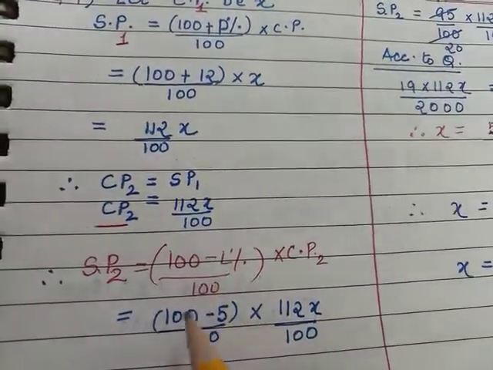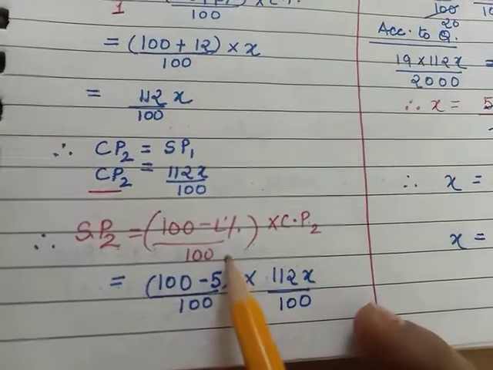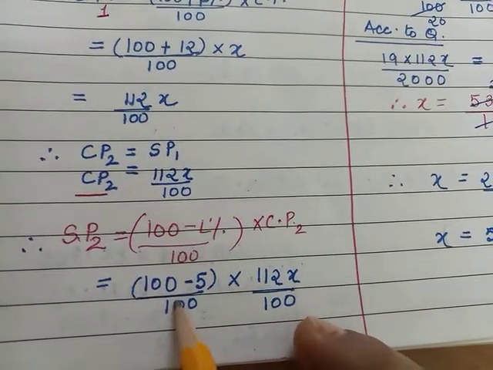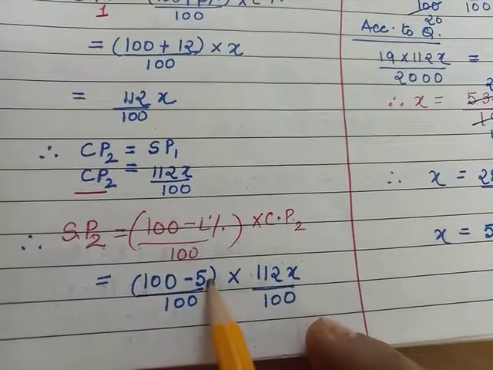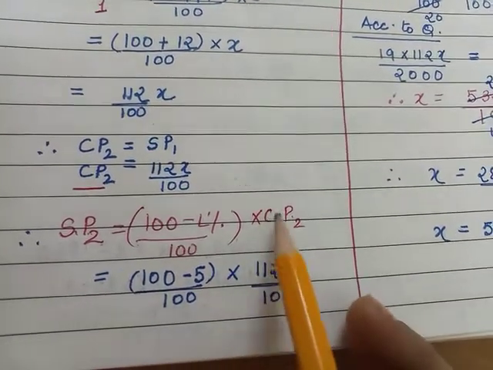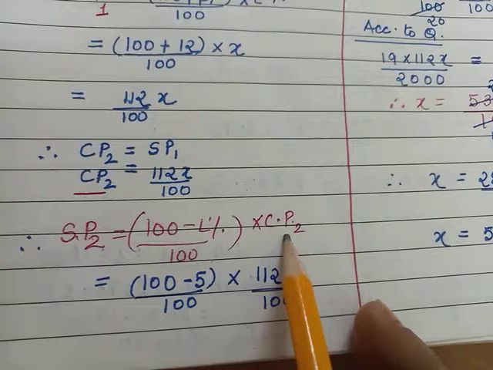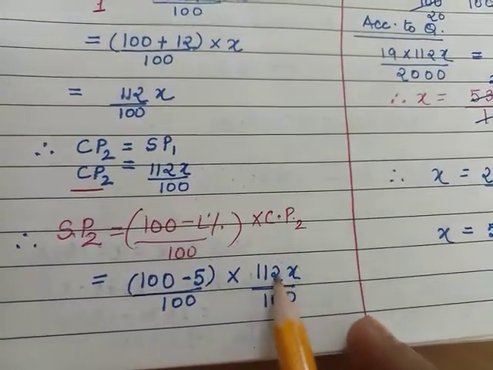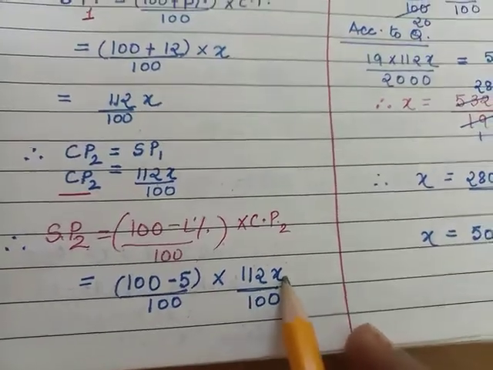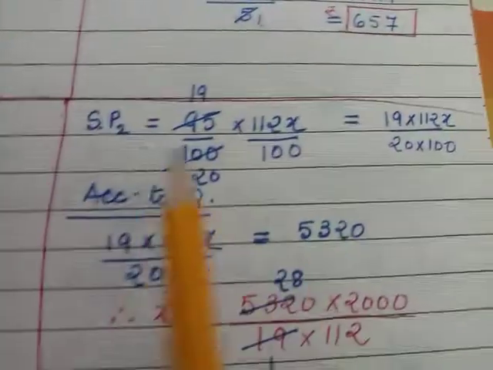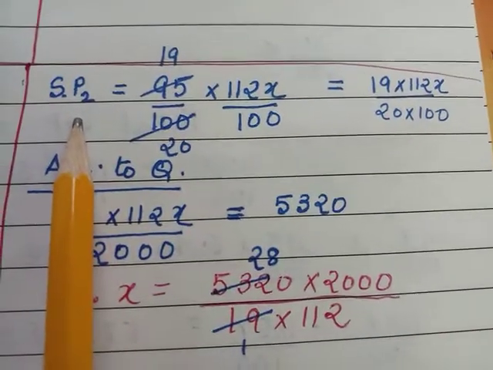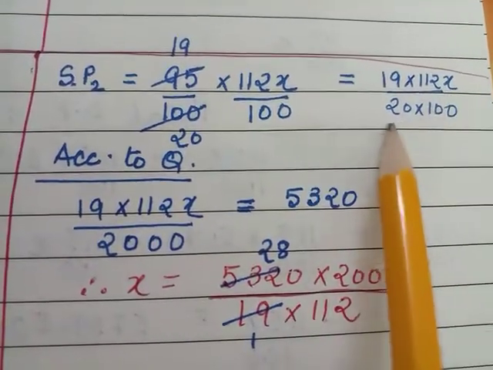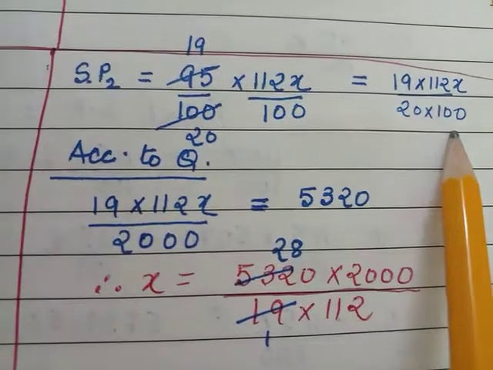Now he is selling to Manu at a loss of 5%. So what is the selling price for him? It becomes (100 minus 5) upon 100 into cost price. See, the cost price for Sonu is 112x by 100, so I kept it over here. When we calculate, it will become 19 into 112x upon 20 into 100.